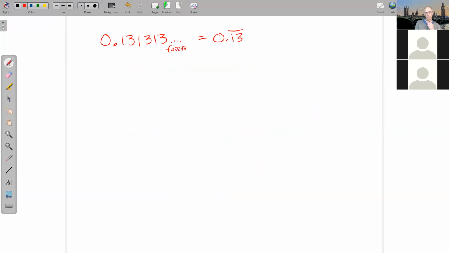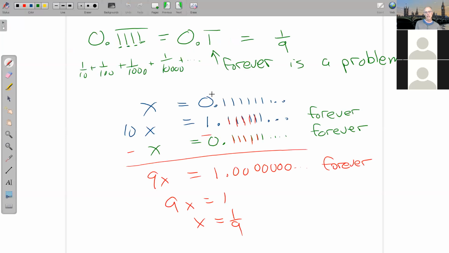Forever is trouble. Can't have that. So the last trick I had was to say, okay, let's let this equal x. And I took 10 times x. And the reason I did that is taking 10 times x gave me a whole number here, but it lined up these decimal places for subtraction to give me zeros.